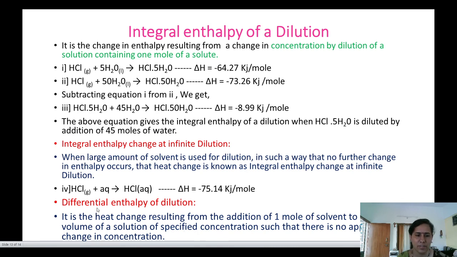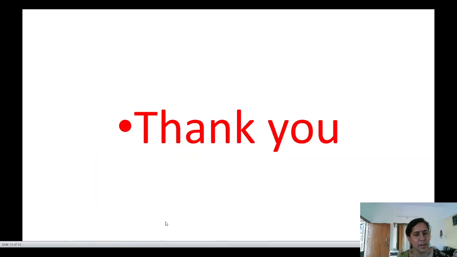Again, I am repeating: it is the heat change from the addition of 1 mole of solvent to a large volume of solution of specified concentration. You have to maintain the concentration, and add the solvent so that there is no change in concentration. That enthalpy is called the differential enthalpy of dilution.